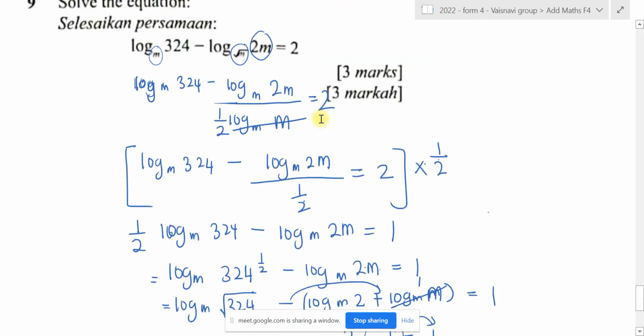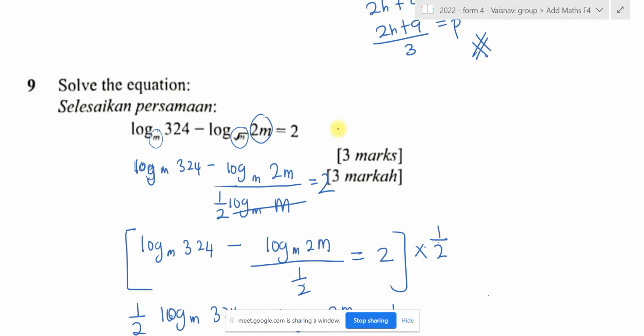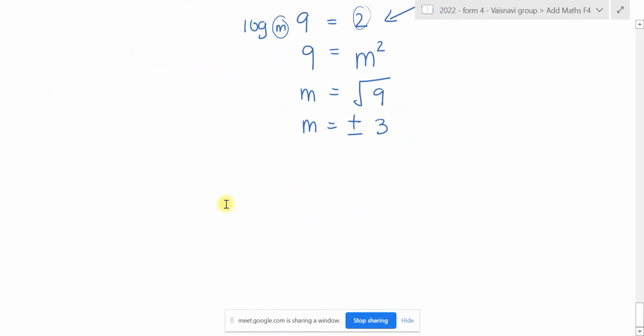But if you see, we cannot have a log with a negative base, right? We don't have a log which has a negative base. So we reject the negative value. So m equals 3. M equals negative 3 is rejected because a base cannot be negative.